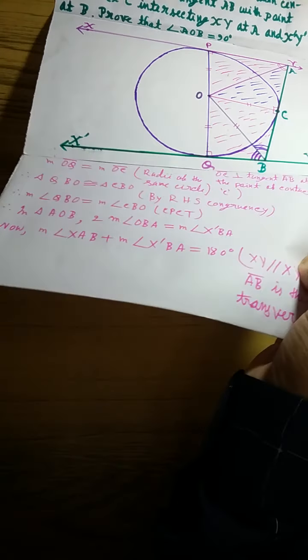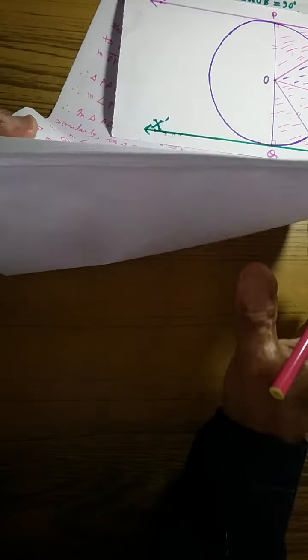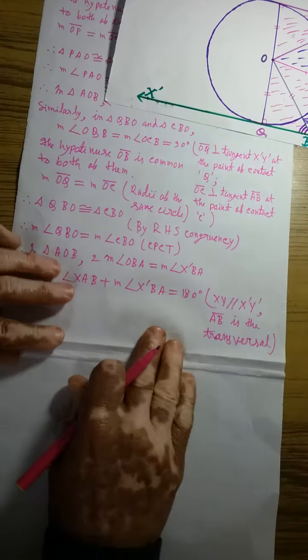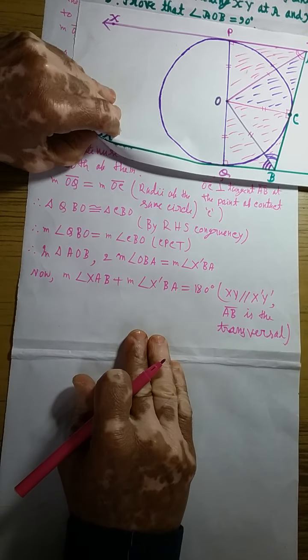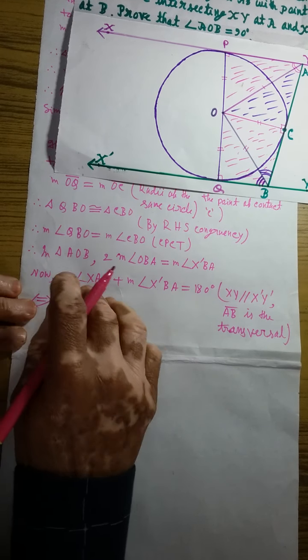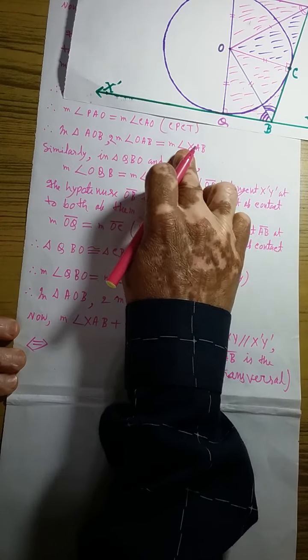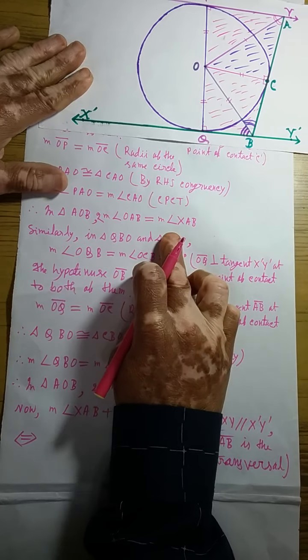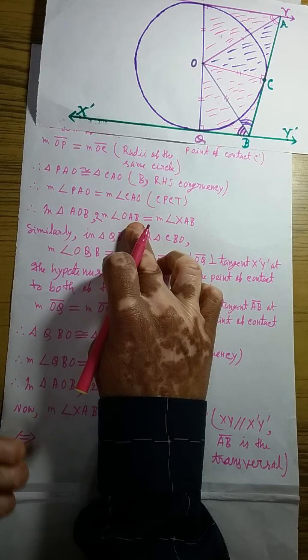After this, write in this way. This again implies the measure of XAB is equal to twice the measure of the angle OAB.